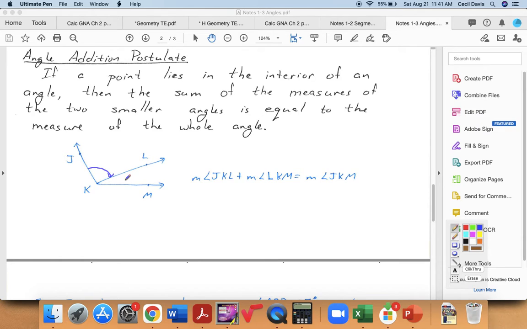And rotational angles actually is a good way to think about this, and the way you'll think about it a lot when you get to pre-cal. And then from L to K to M, that is this much rotation, is equal to this much rotation, the measure of JKM. So it's the same idea as the segment addition postulate, where the two parts made the whole. Same thing here. These two parts are going to make the whole.